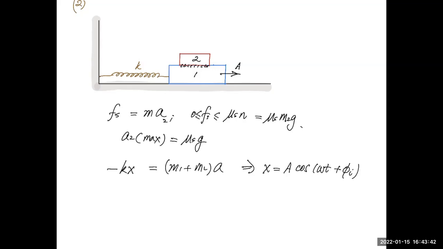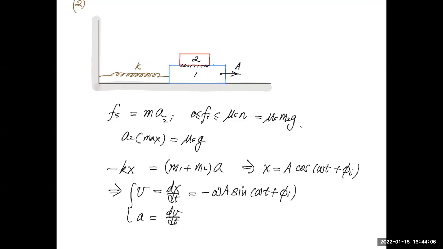So from the last expression, I can take a derivative and find V. I take another derivative, I can find A. So V equals dx/dt, and you do that, it's negative omega A sine of omega t plus phi initial. Then you take one more derivative, you get A equals dv/dt, and we all know that equals negative omega squared A cosine of omega t plus phi initial.